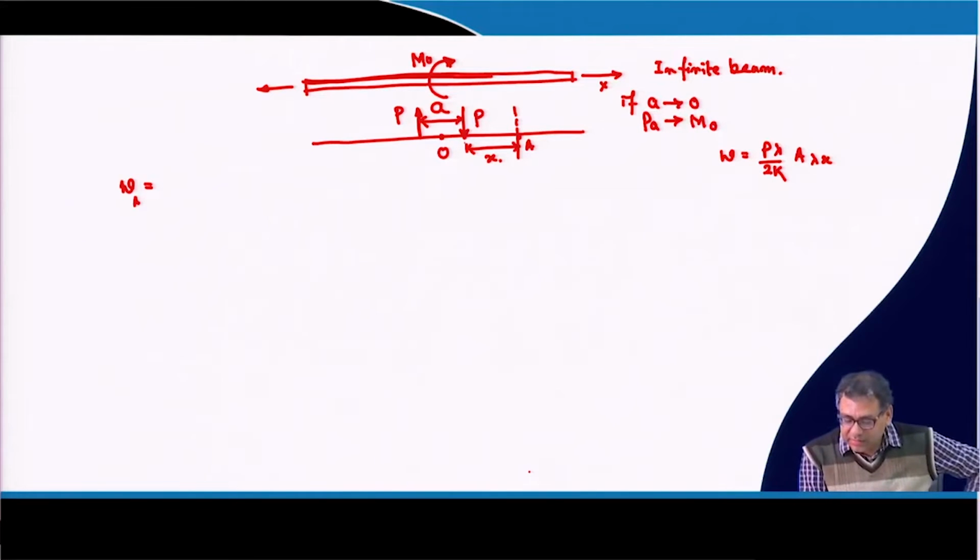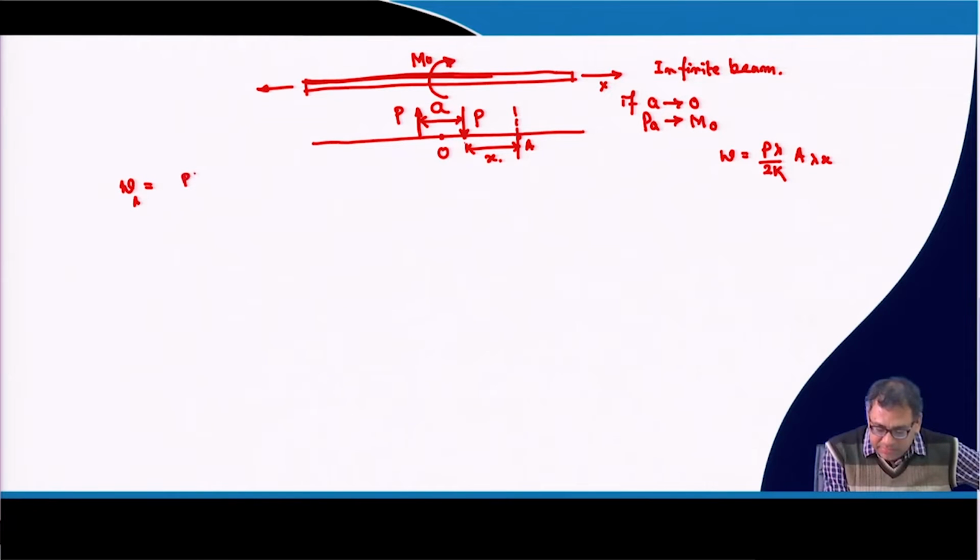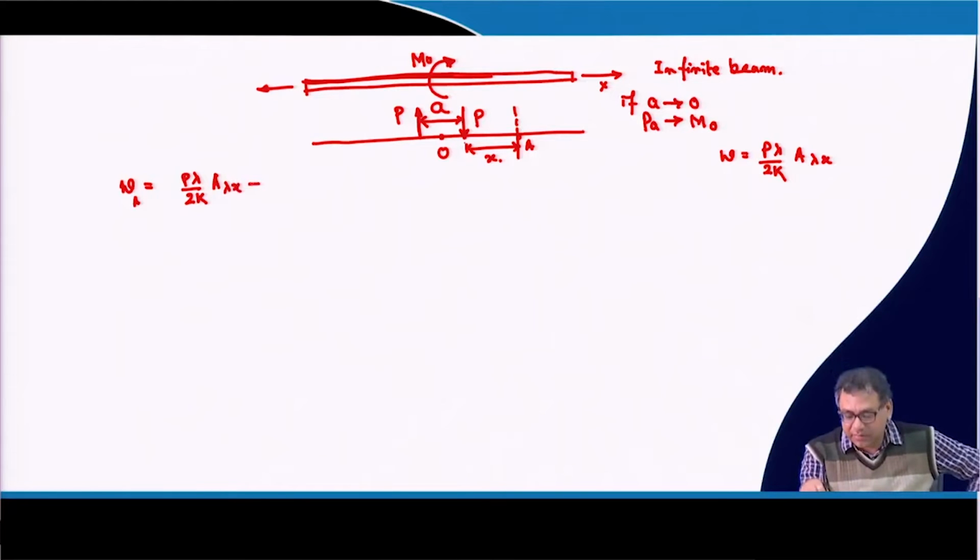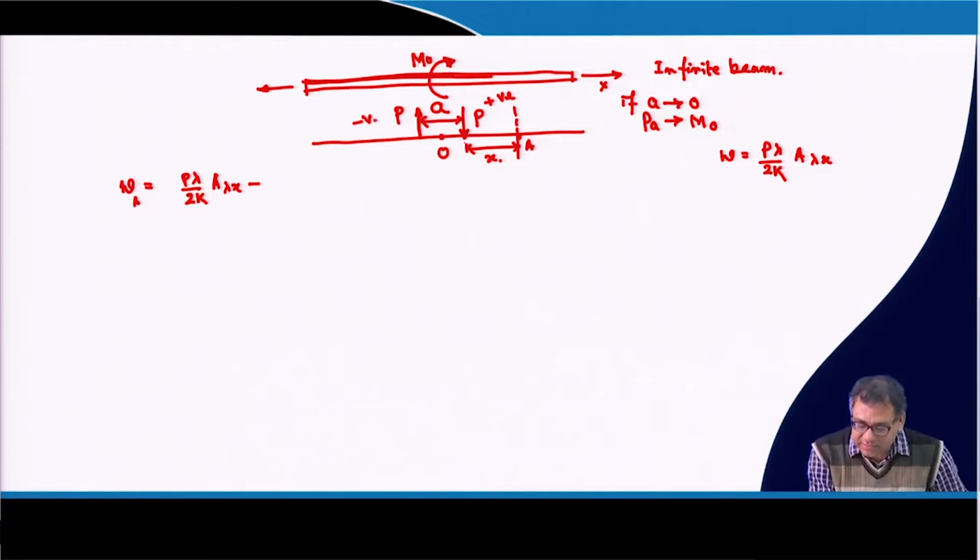Here, P lambda by 2k and A lambda x. The downward acting concentrated load is considered positive, and the upward acting concentrated load is considered negative.